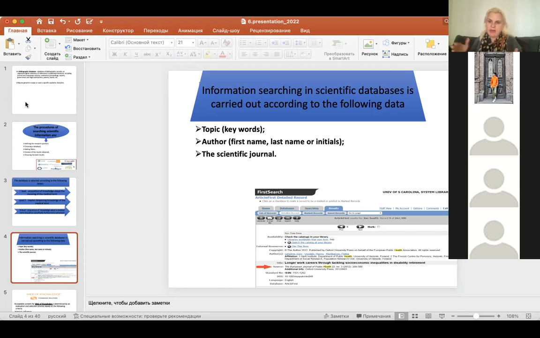Authors: first name, last name, initial. You can search without keywords, but with an author's name. It's very important. You can find an article with a scientific journal.